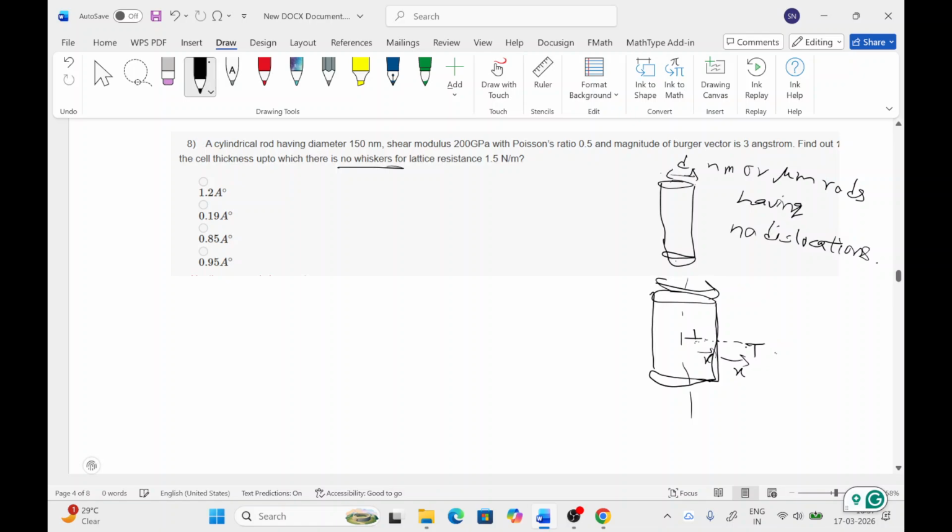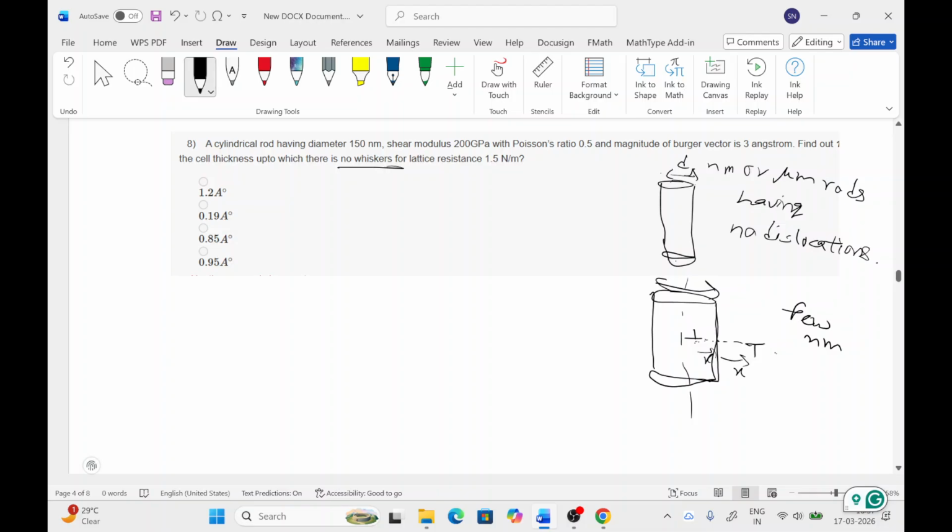this phenomenon generally happens for very small length scale, generally few nanometers. So if we have material with very small diameter, all dislocations in that region will come out and annihilate at the surface, so that material will become free of dislocations.